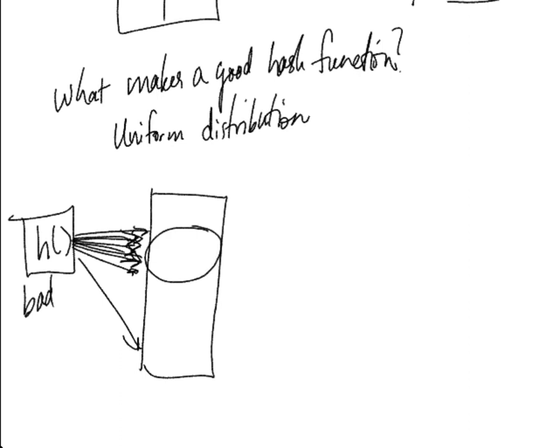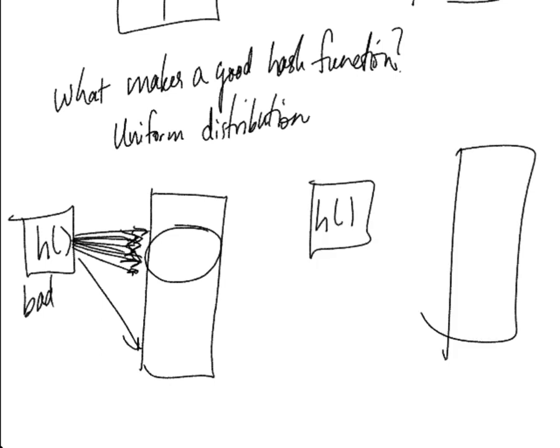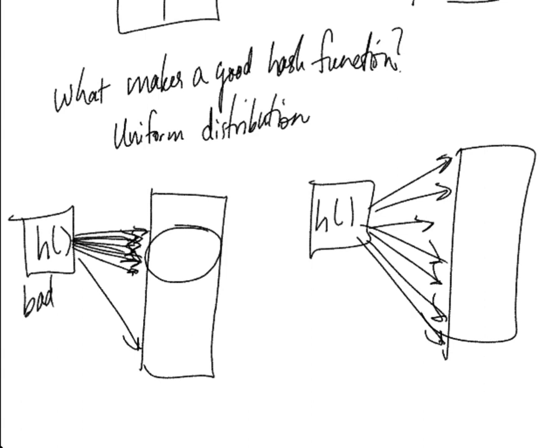All of our values are concentrated in one area of the table, and we're going to get a lot of collisions. A good hash function is going to look something like this. We're going to get one there, and then one there, and we're getting it evenly or uniformly distributed around the whole table. That's what we want.